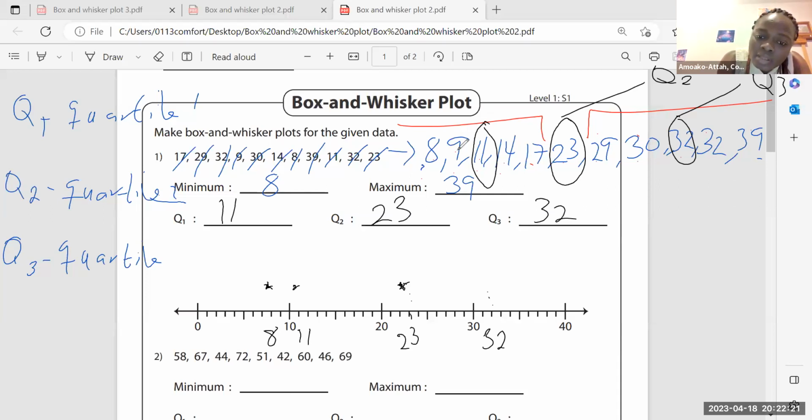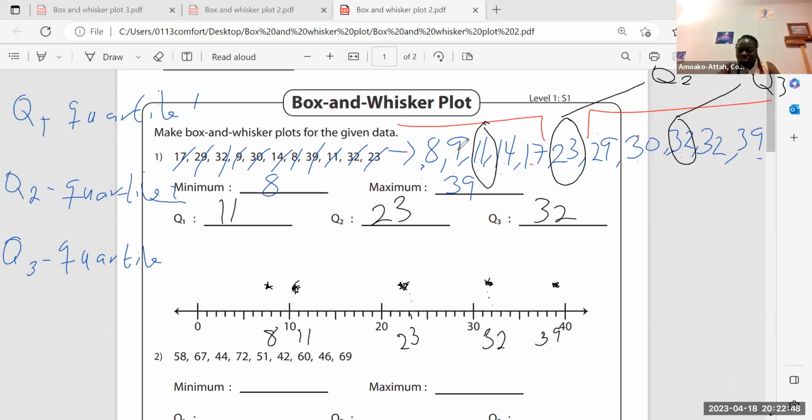We trace it up and we make our points. Then we have the last one to be what? 39, right? So 39 will also be here. That's the last number before the 40. And we make our points on top of it.